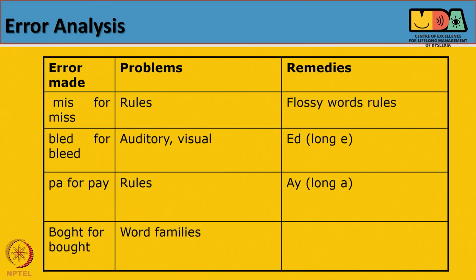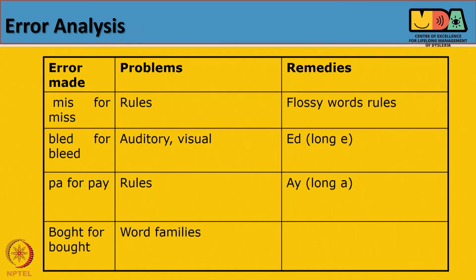The word pa for pay. Phonetically, it sounds right. PA says pay, fine. But we have rules that says that when you have a long A sound coming at the end of the word, then it has to be written as AY. The child is not familiar with this.